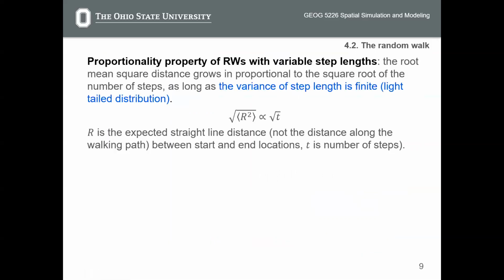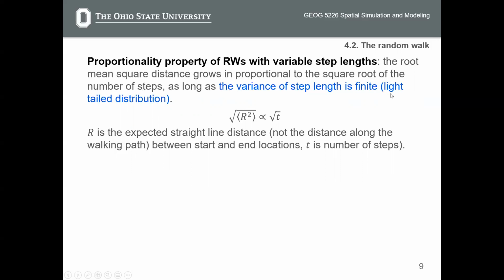Okay, and let's talk about the proportionality property of RWs with variable step length. The root mean square distance grows in proportion to the square root of the number of steps, as long as the variance of step length is finite.